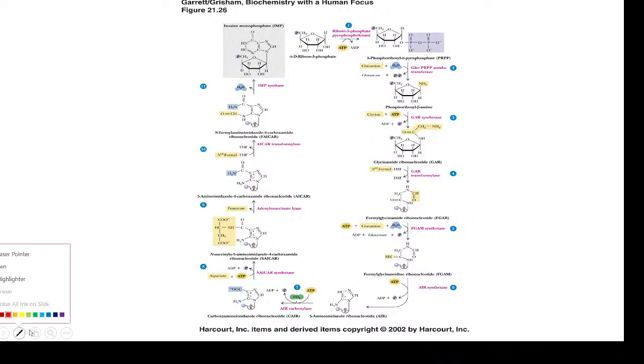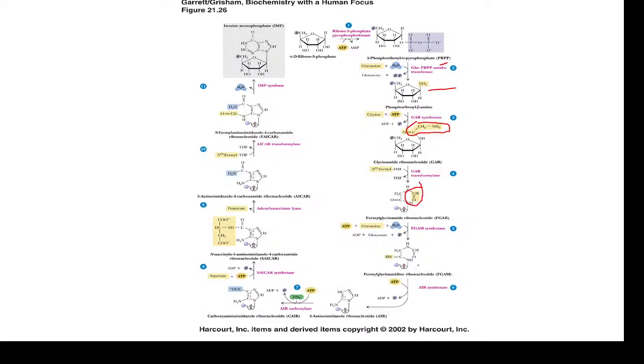Phosphate. So in summary, alpha-D-ribose 5-phosphate is used as a substrate. So this is activated by phosphorylation. Further, glutamine will transfer the amino group, then glycine will transfer 2 carbons and 1 amino group. Further, N10-formyl tetrahydrofolate will transfer an aldehyde group.